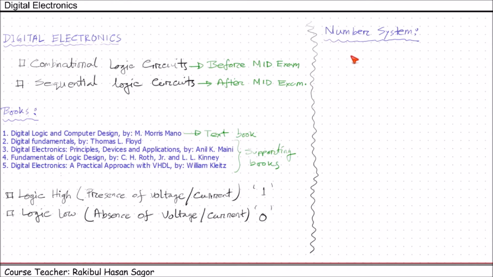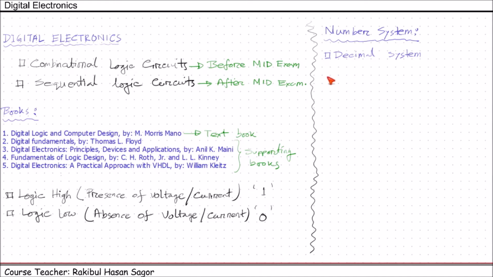In today's world, the most commonly used number system by the common human being is the decimal system, or we can say decimal number system. In decimal system, we have 10 distinct symbols or 10 decimal digits.